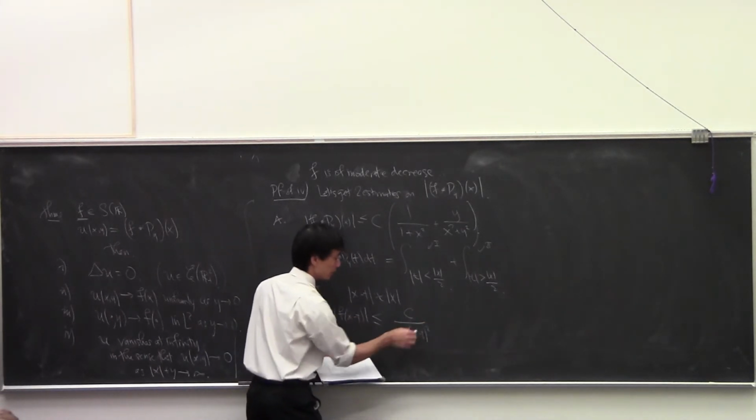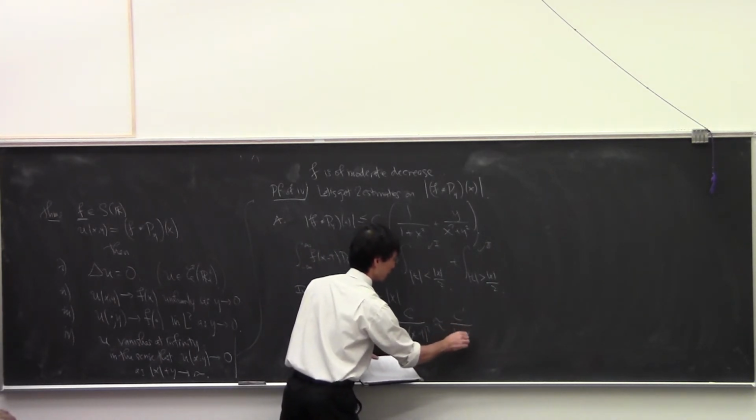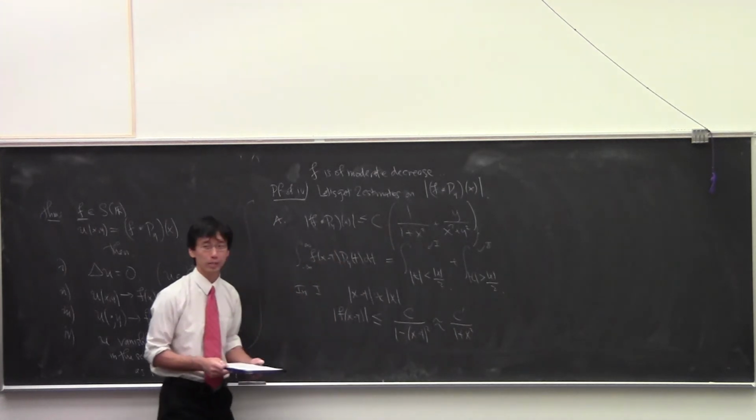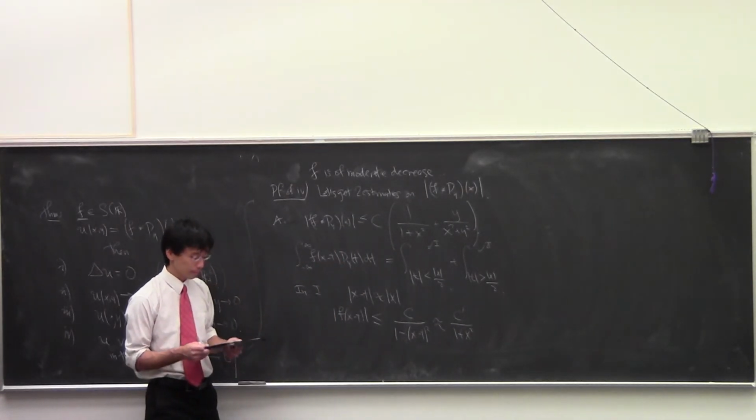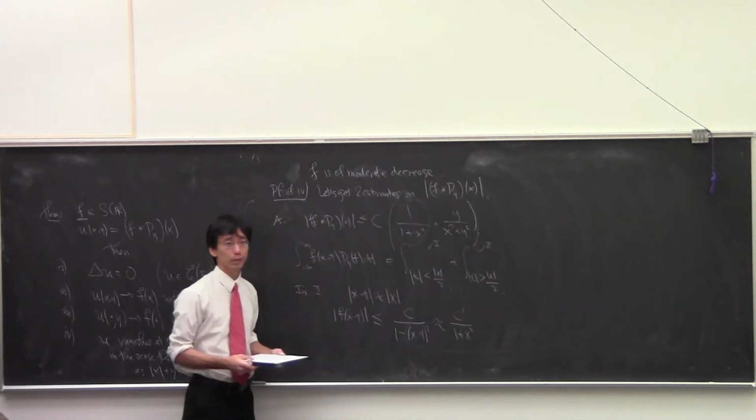But this thing is basically, you may have to throw in some different constant, but you can control it with c over 1 plus x squared. So that gives us the first part.